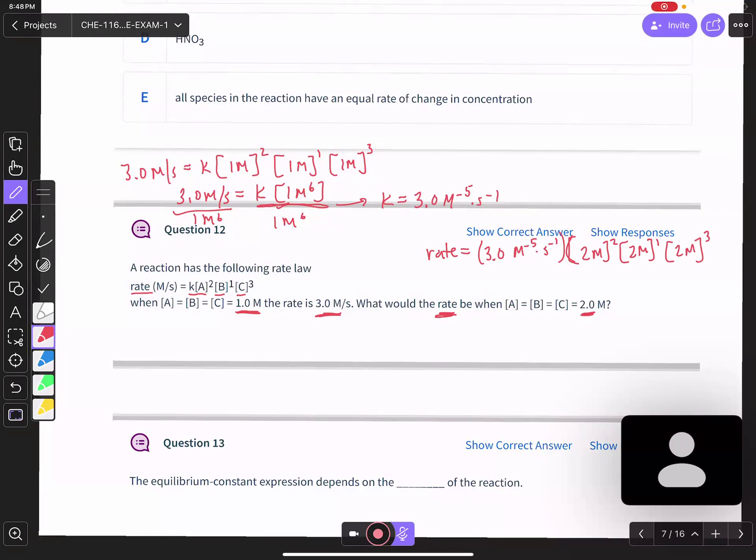Multiply those all together, and we get a rate of approximately 192 molar per second. They're looking for the answer in 2 significant figures, so we would say the rate is 1.9 e to the 2 molar per second for question 12.